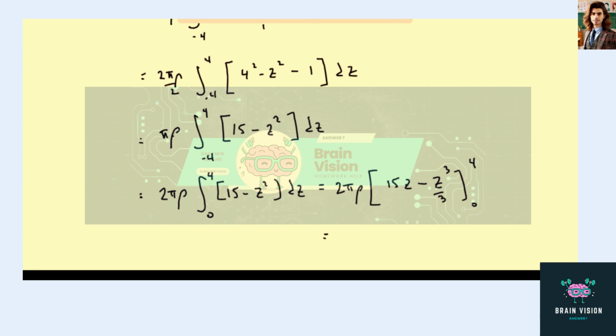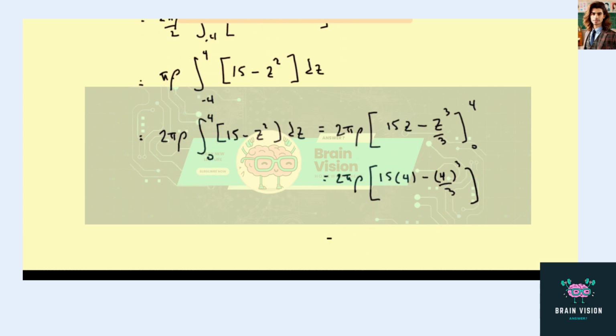Evaluating this, we will obtain 2 pi times rho times 15 times 4 minus 4 to the power 3 over 3. And simplifying this, we will obtain pi rho times 29 over 3.